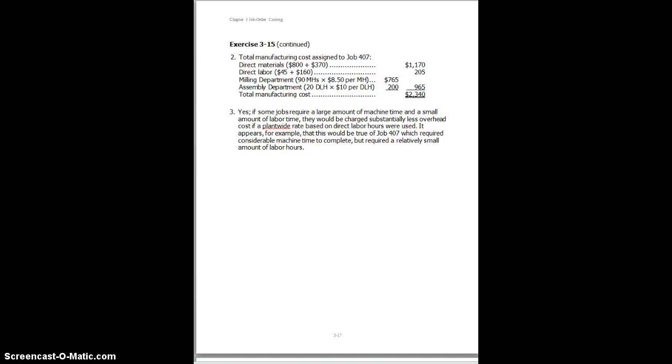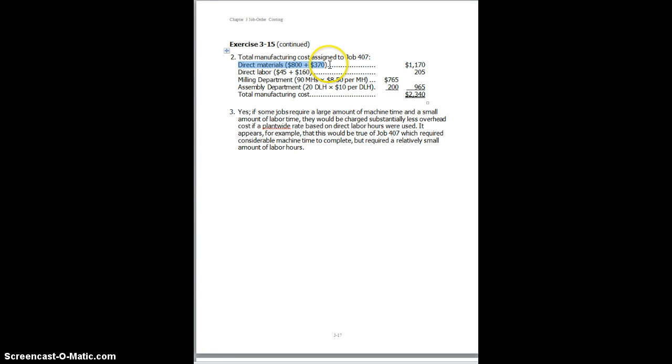Given that, what we need to do is calculate the total direct materials for both departments, the total direct labor for both departments, and the total overhead, which we would take the overhead for the milling department and the overhead for the assembly department and add them together.